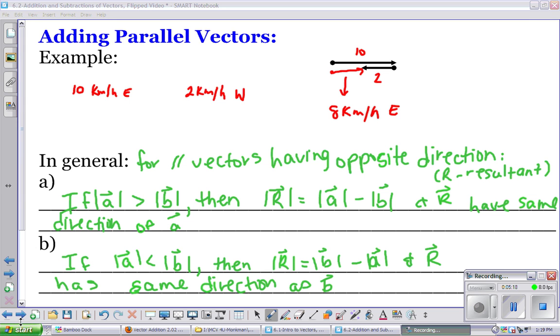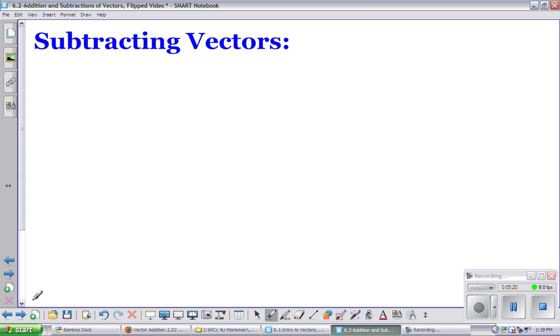So now if we move on to subtracting vectors, basically you want to use the opposite direction.